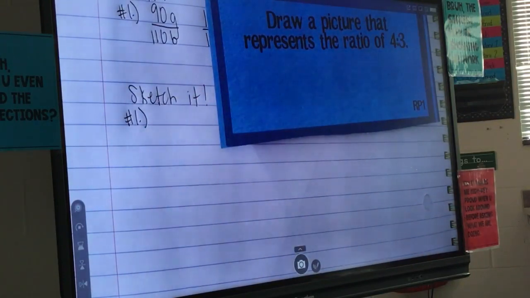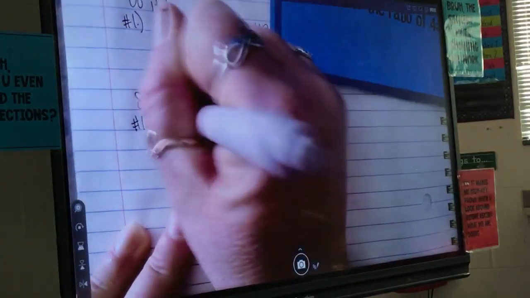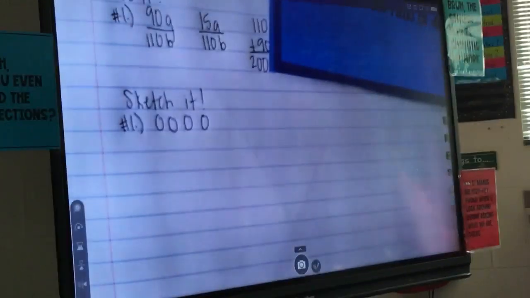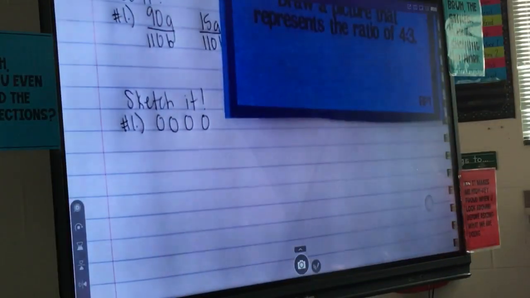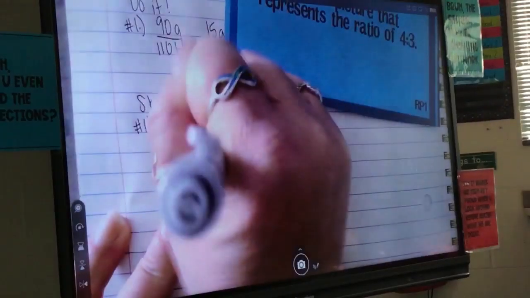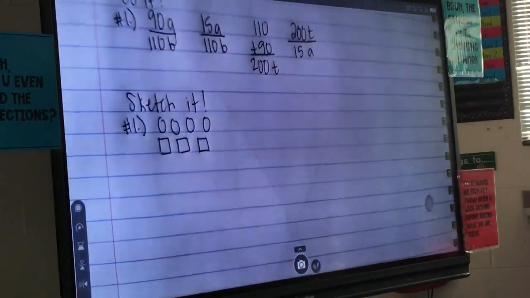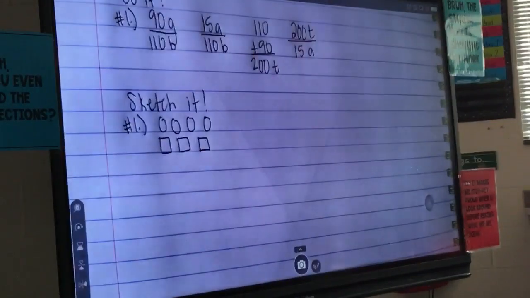of. Silas. A circle. So I'm going to do 1, 2, 3, 4. And then give me an object to draw 3 of. Blake. Squares. Okay. So 1, 2, 3. Now, with the sketch it, obviously they're going to gradually get a little bit harder.